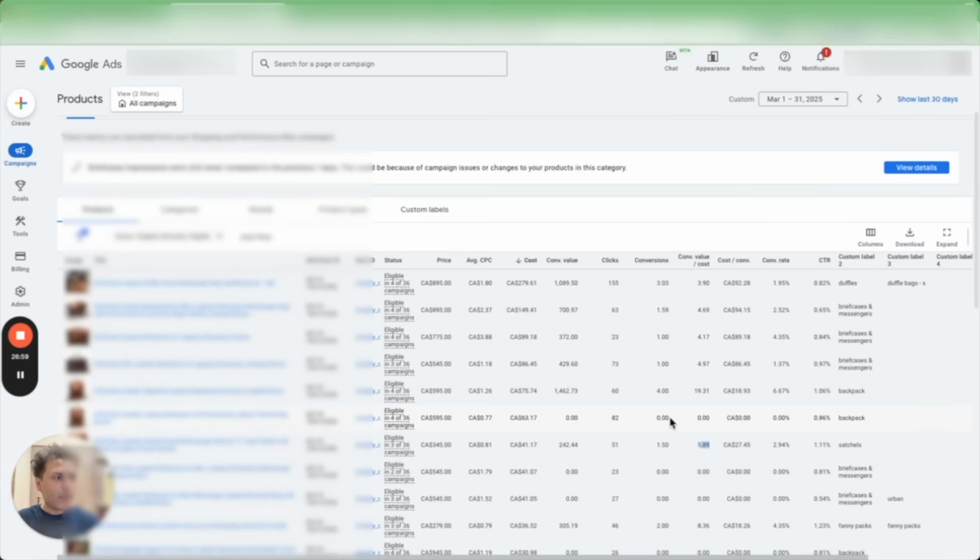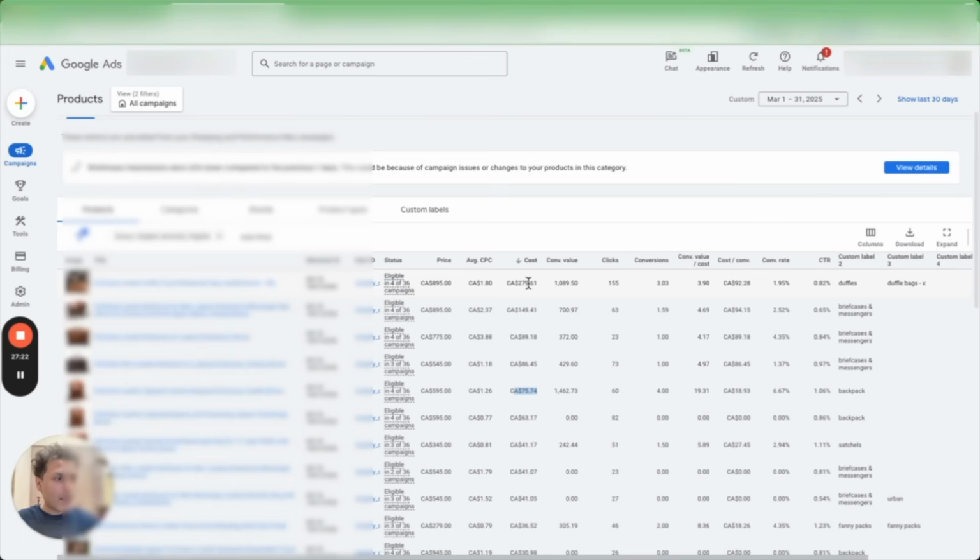For example, this one has spent $279, right? And this product has spent only $75. This product, the leather backpack, got us 4 conversions, right? And with a ROAS of 20, right?